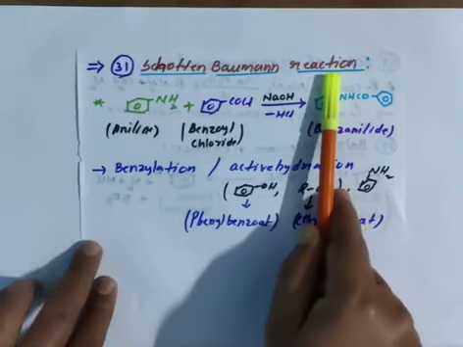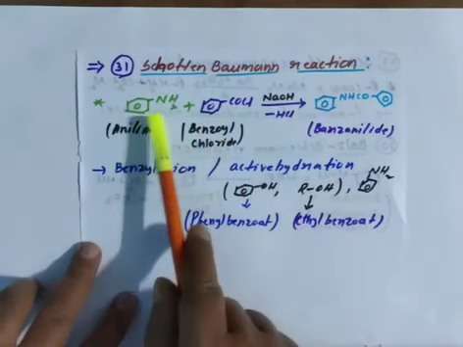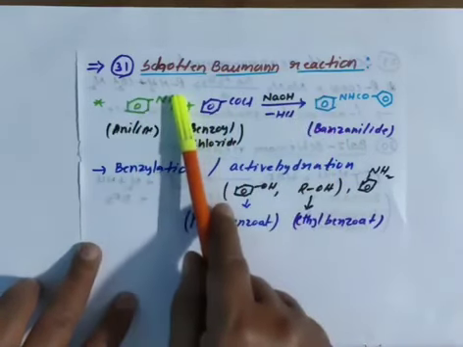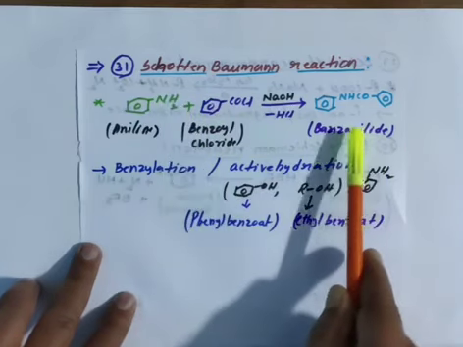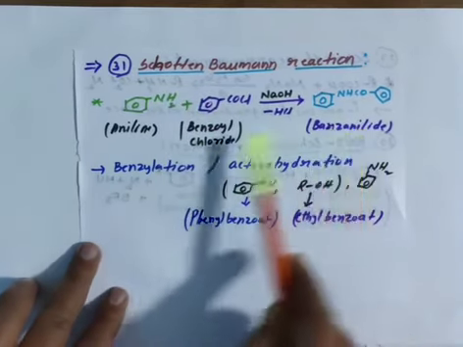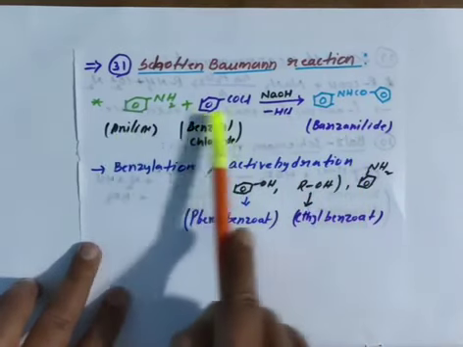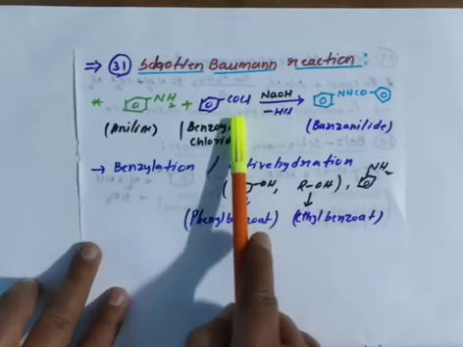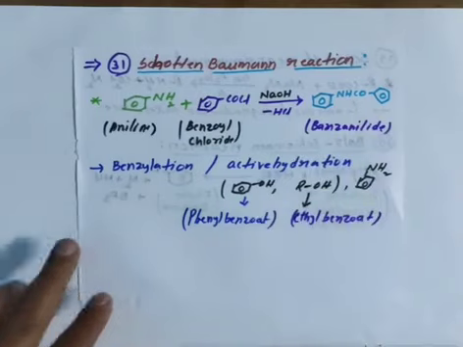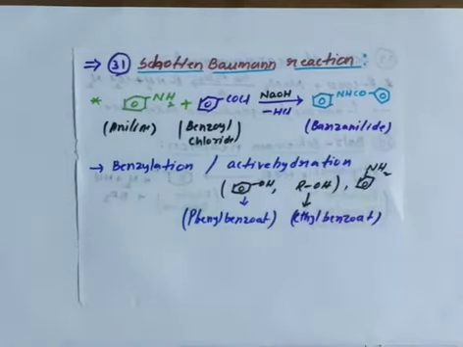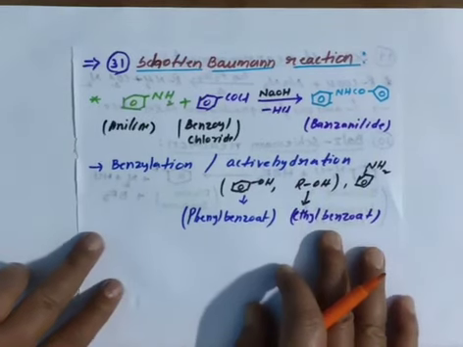The Schotten-Baumann reaction. That is, aniline is converted to benzanilide in the presence of benzoyl chloride. When aniline is treated with benzoyl chloride in the presence of NaOH, you get benzanilide. This is one type of benzoylation.